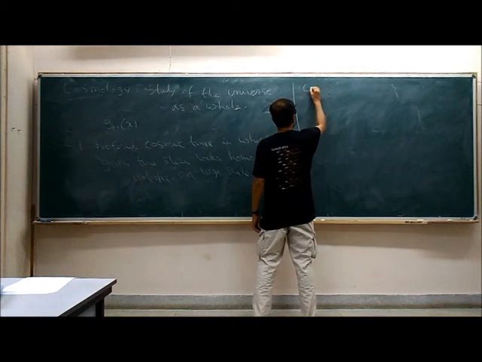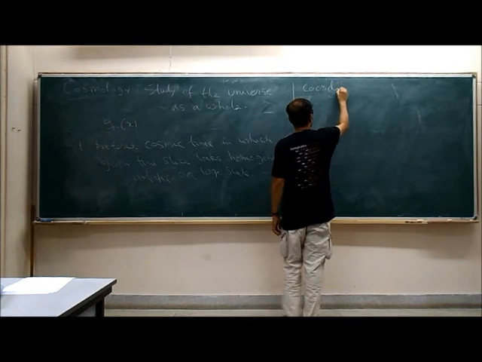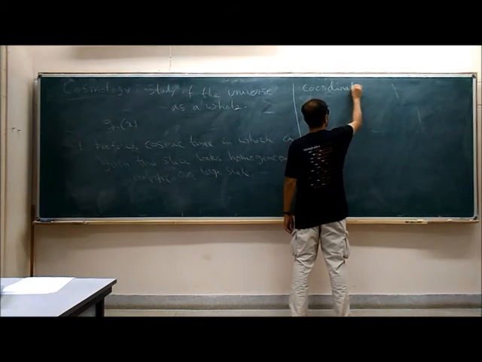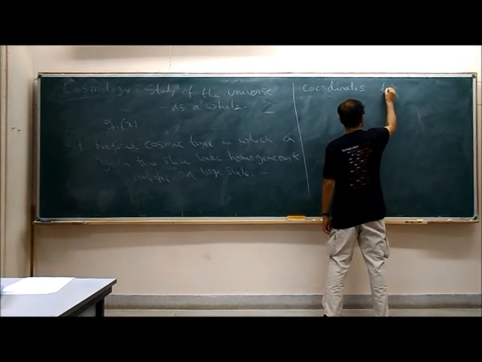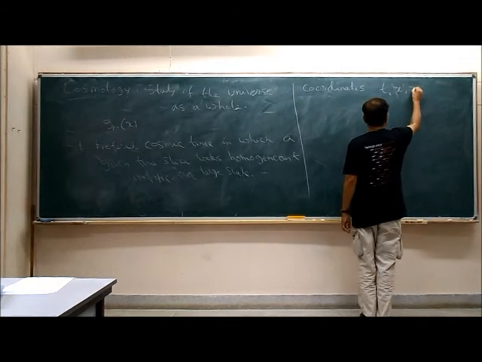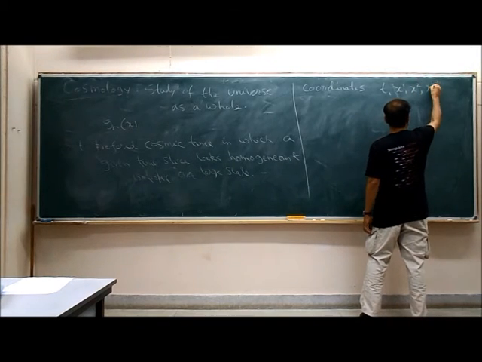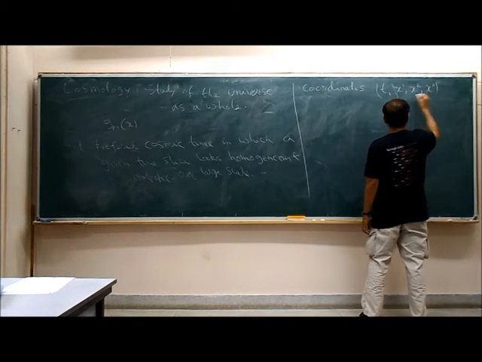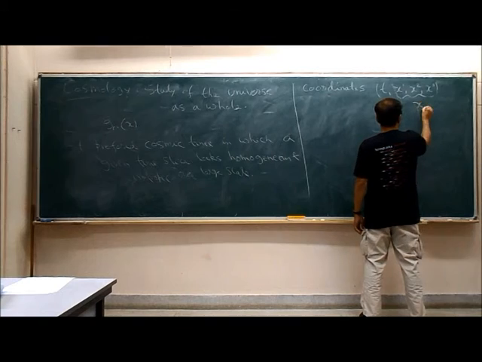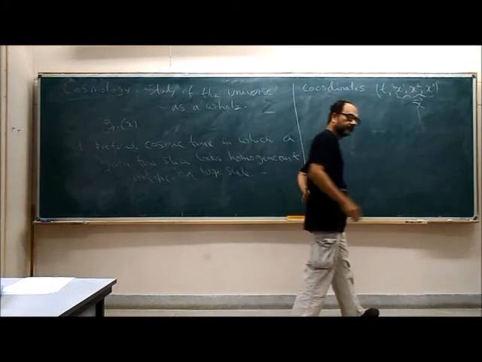So we take the coordinates as t, x1, x2, x3, and these together we denote by the vector x.